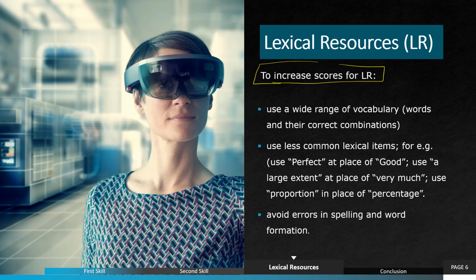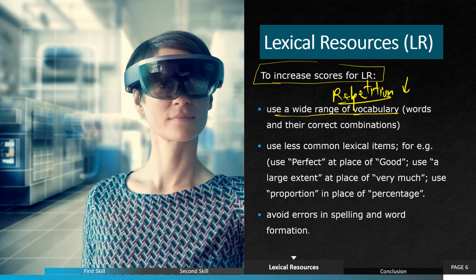So in order to make the essay a little bit more advanced, you need to use a wide range of vocabulary. Always try to eliminate repetition. Do not use the same words again and again. If you use the words again and again, definitely it is going to affect your writing skills.